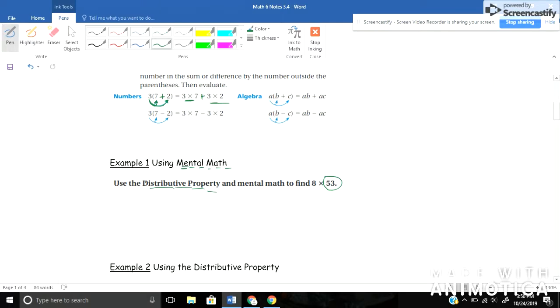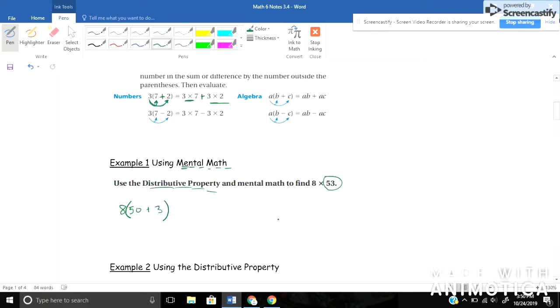So I'm going to change this into 8 times, instead of writing times, I'm going to use the parentheses. That implies multiplication. And I'm going to break down this 53 into 50 plus 3. Okay, real simple. I just broke it apart right here into 50 plus 3.